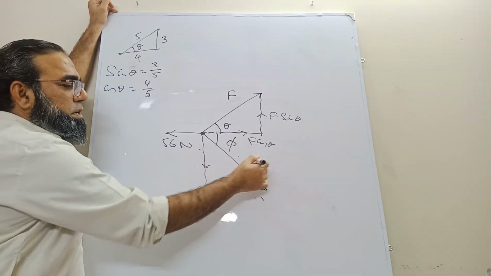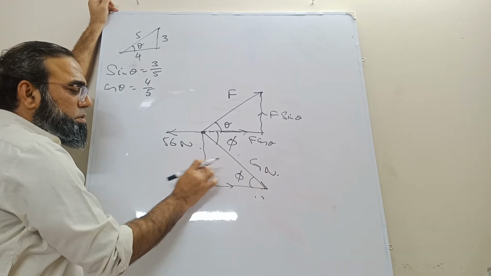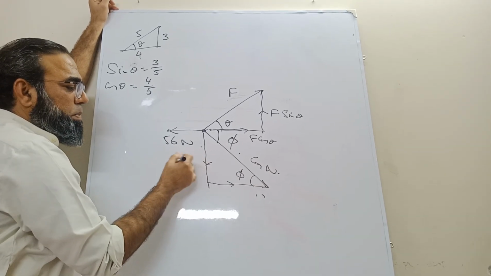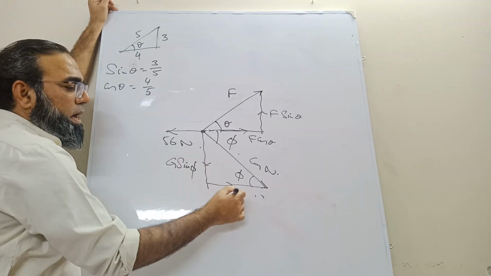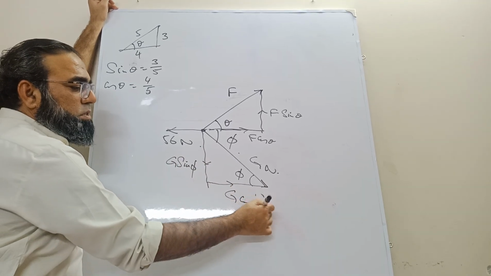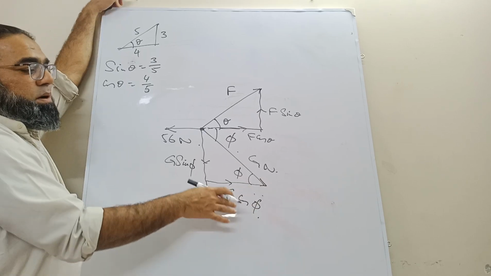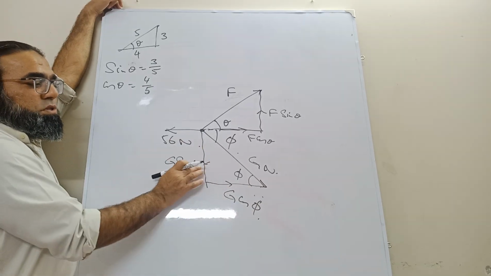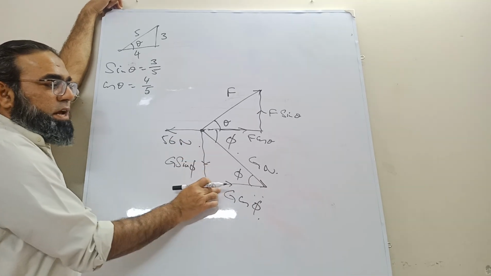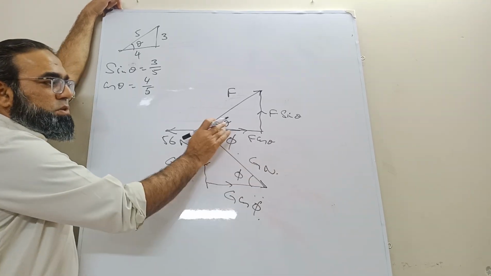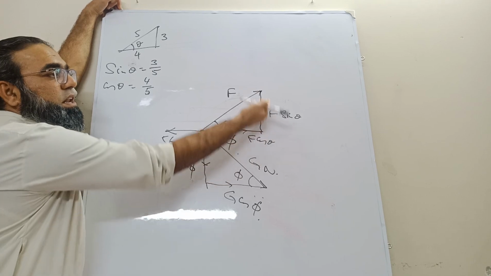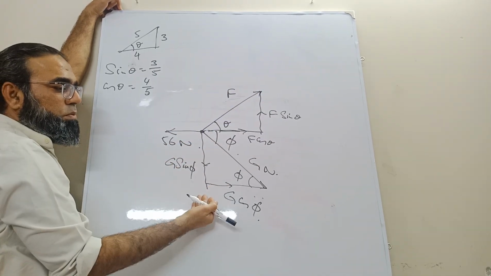So if this force is G newtons, then this vertical component downwards is going to be G sine phi, and this is going to be G cos phi. Now my kids, please remember to mark these directions: horizontally towards the right, horizontally towards the left, vertically upwards, vertically downwards.